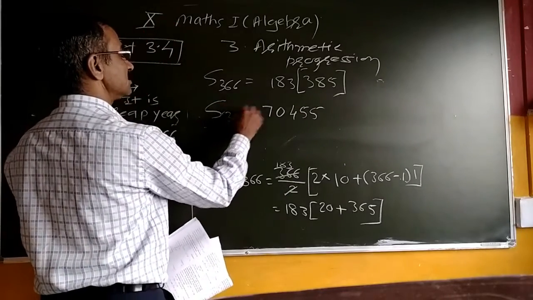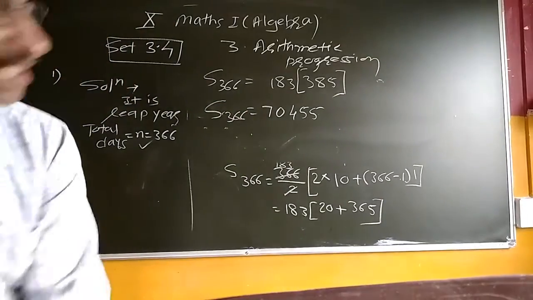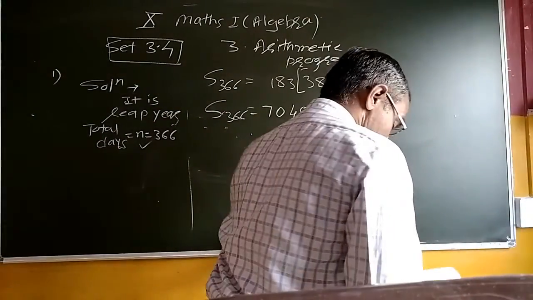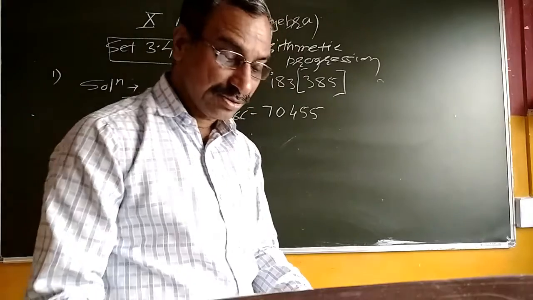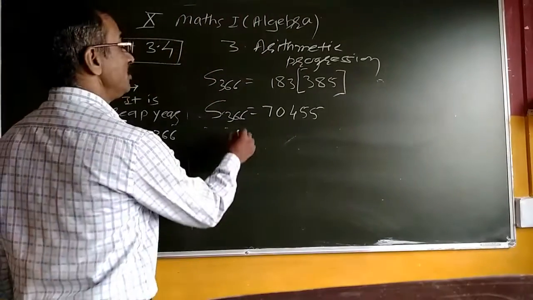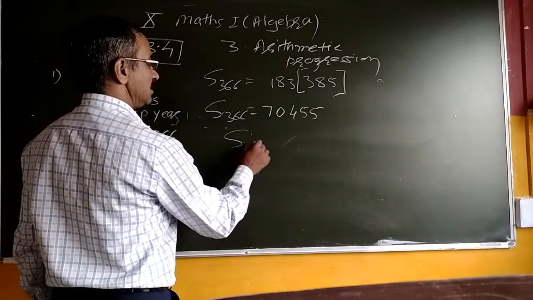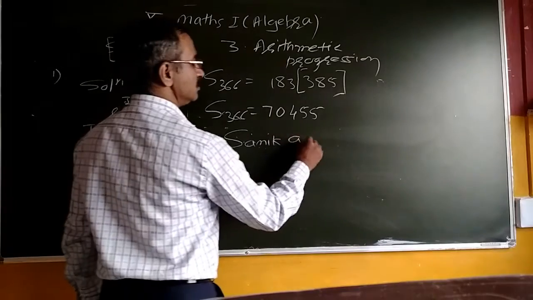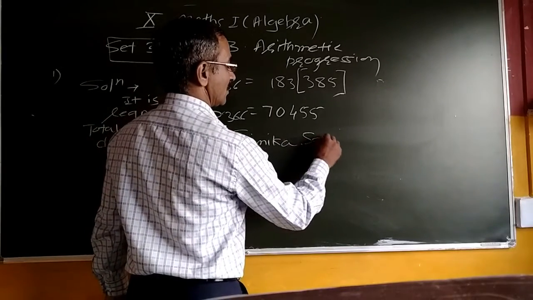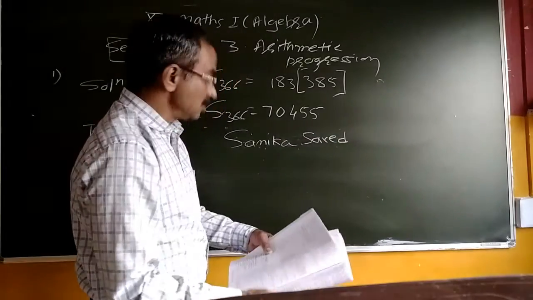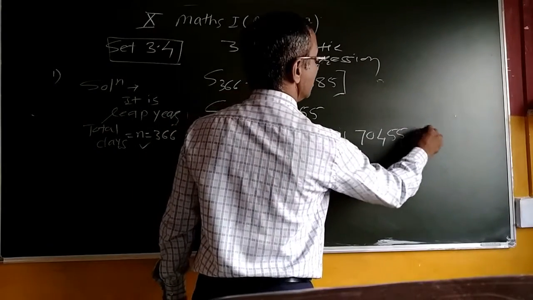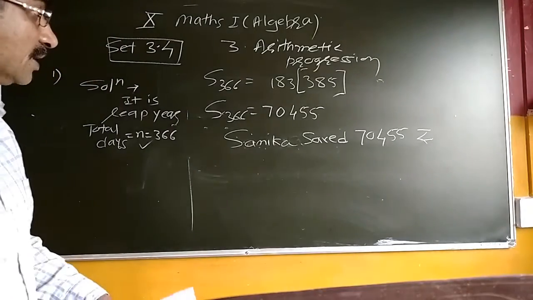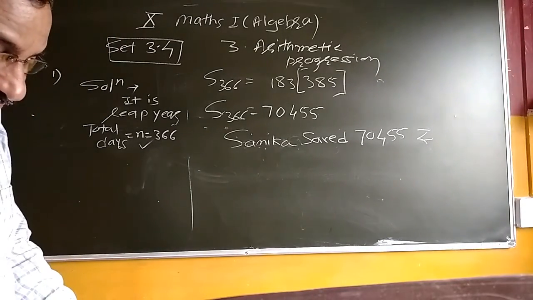So we get the sum Sn is equal to 70,455. So the whole money Sanika saved, how many rupees did Sanika save? 70,455 rupees. That is our answer.